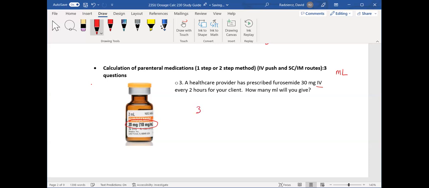But if I'm calculating this out, 30 milligrams is my order over my available. Sorry, that's supposed to be a 10 per milliliter. And then you're going to get 3 milliliters as your answer for this particular question.